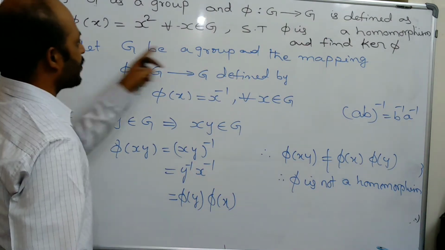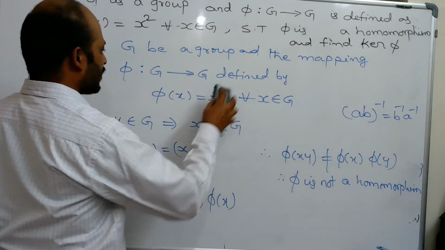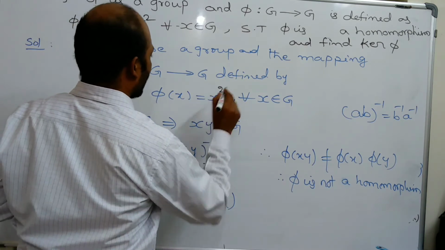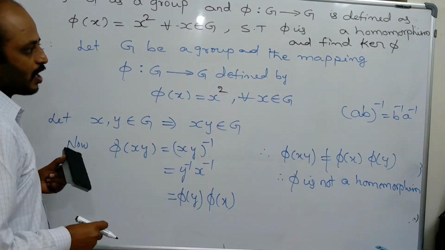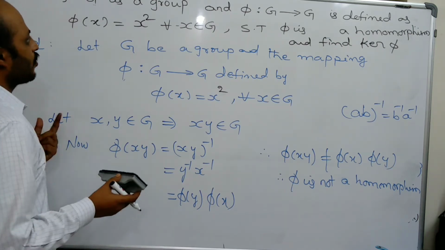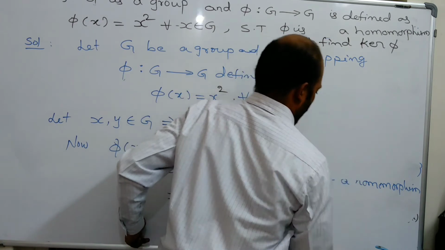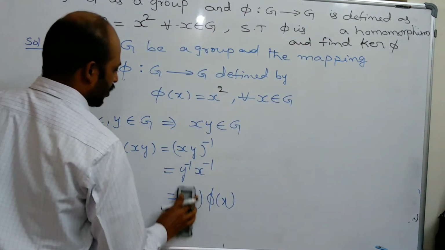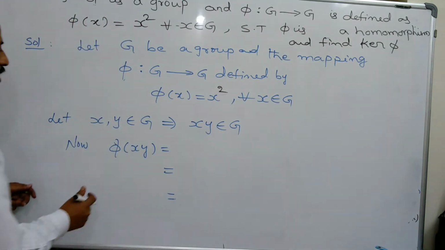So you observe that capital G is a group. The mapping pi maps G into G defined by pi of x is equals to x square for all x belongs to capital G. You have to show that this mapping is a homomorphism, and then you have to find the kernel of the mapping also.